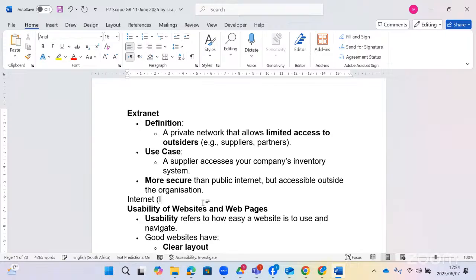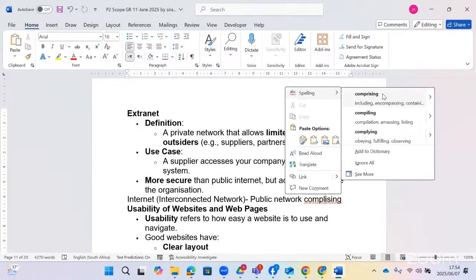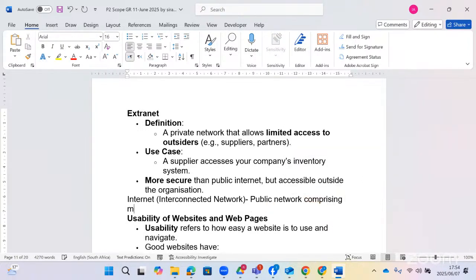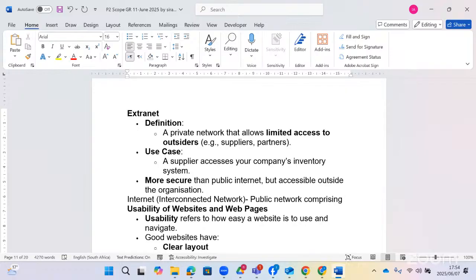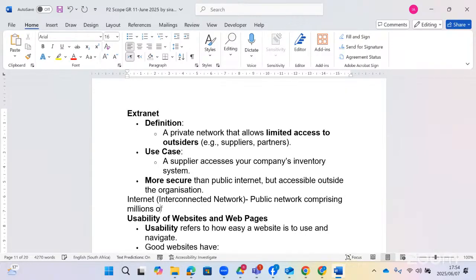Internet stands for interconnected network, which is a public network comprising multiple, or you can say millions, of networks globally.